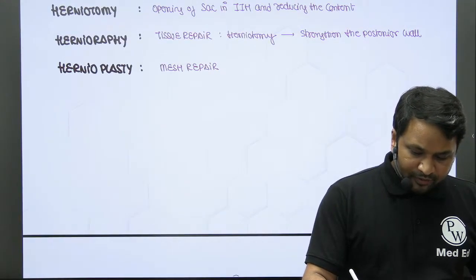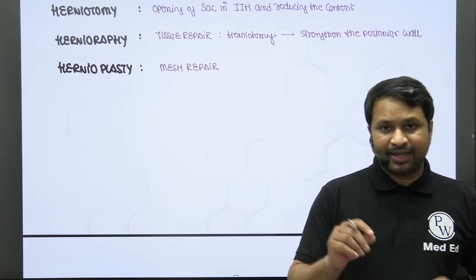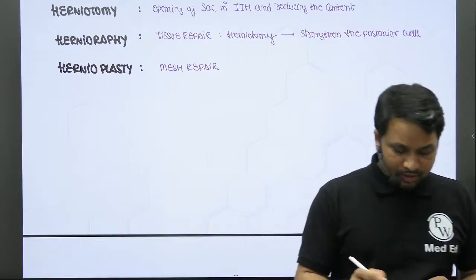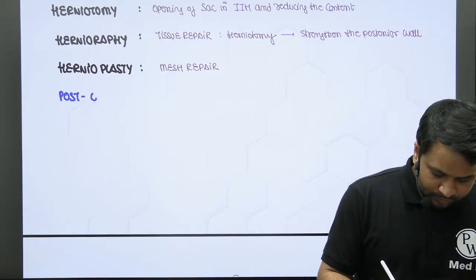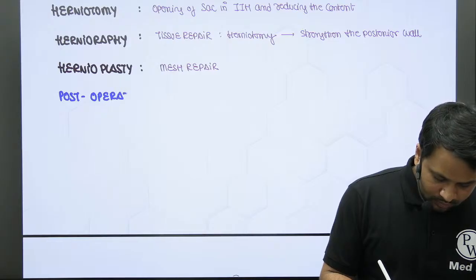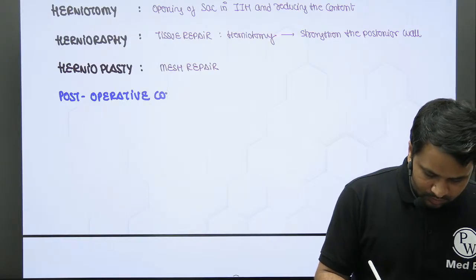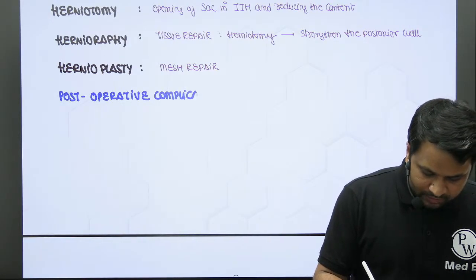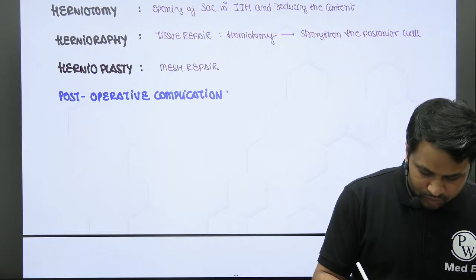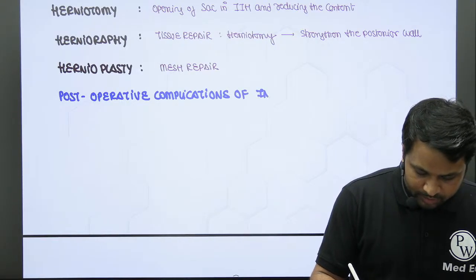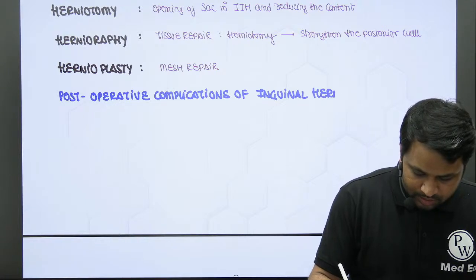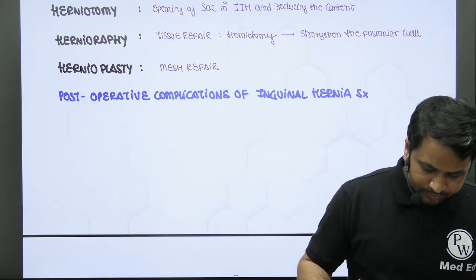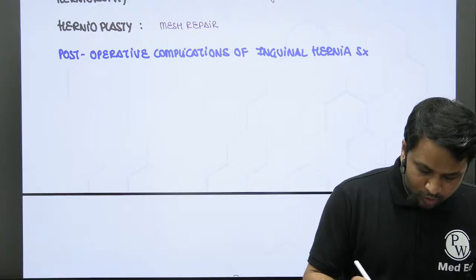Now, never end your answer without writing the complications of the surgery that you have done. The last point is going to be post-operative complications. So what are the post-operative complications of inguinal hernia repair?